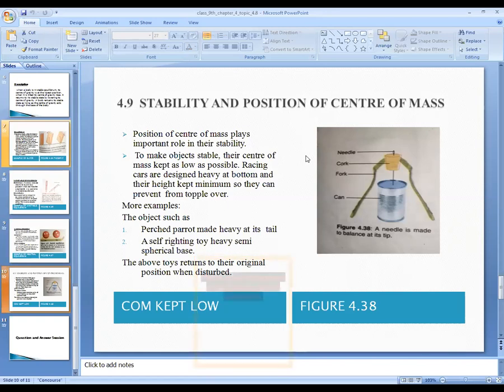I have already discussed the center of mass, which is called COM. In the previous lecture we discussed the center of mass. So in this topic we will see the importance of stability and the center of mass.